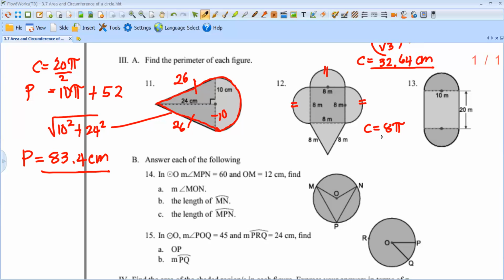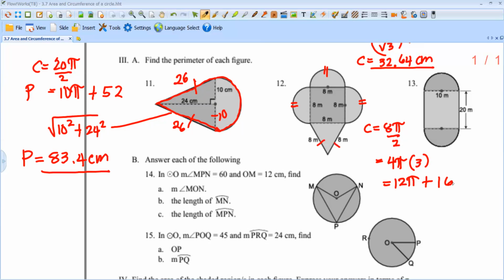So again, let us divide this by 2 and we'll multiply by 3. So that would be 4 pi, right? And we need to multiply, since it is 8 pi divided by 2, because each part is only half, but they are 3, 1, 2, 3. So what we will do, we'll multiply by 3. So 12 pi plus these 2.